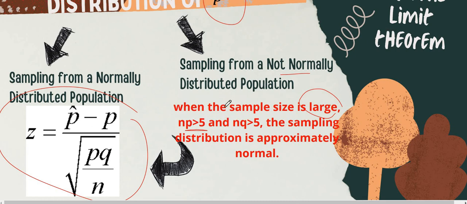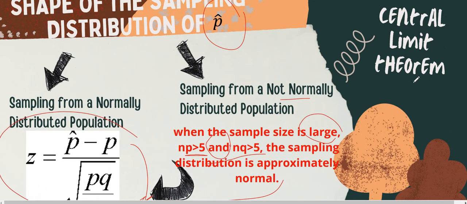If only one holds, it does not work. Earlier it was P and now it is Q. So when the question gives you a large sample size, with large defined like this, we will use the same equation. This is called the central limit theorem.